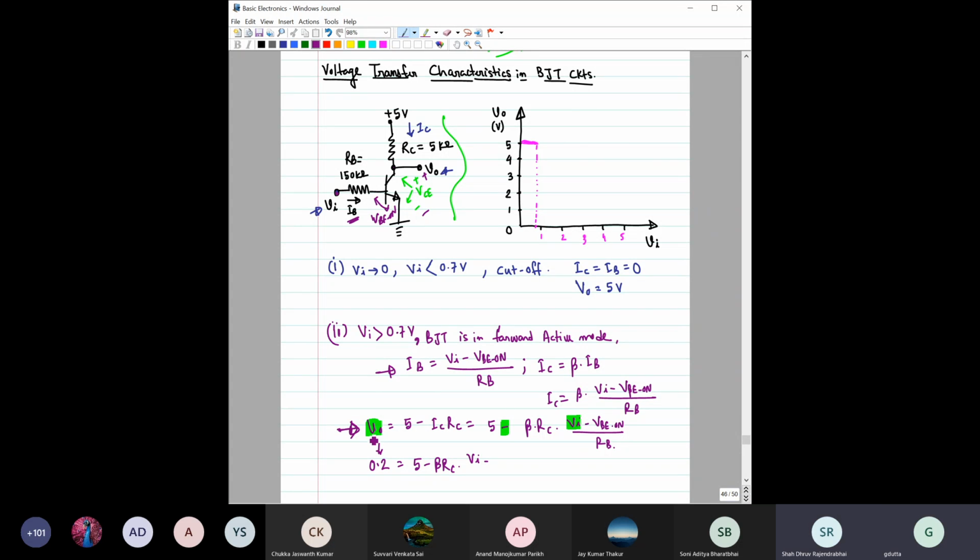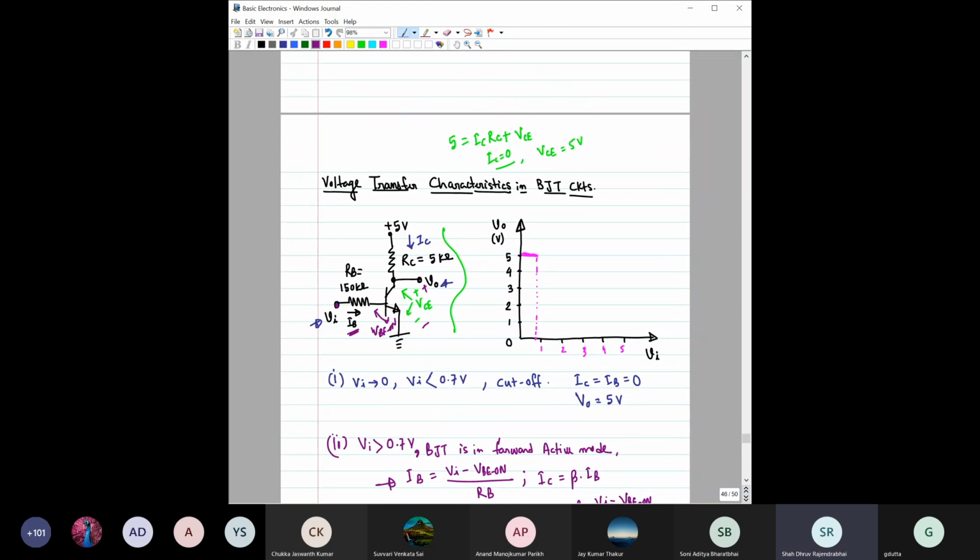You are saying that when V output is tending to 0, it cannot reach 0, but it can go minimum up to that V_CE(sat), which is nearly equal to 0.2. Then our assumption would become false, no sir? Which assumption? The polarity of VBE should be for the forward active mode, sir.